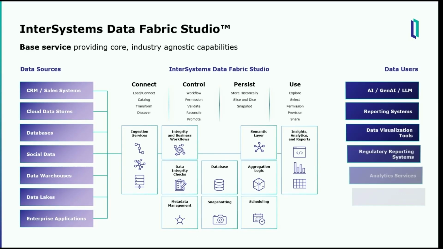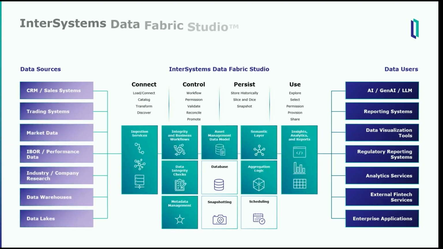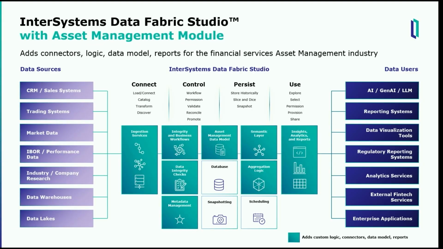So, again, the base service, you saw this. You add in the asset management module, it adds connectors to financial services, asset management specific data sources and applications, pre-built connectivity. It has workflow logic for the asset management space, an asset management data model that comes pre-packaged, and reports and report templates for the asset management space.